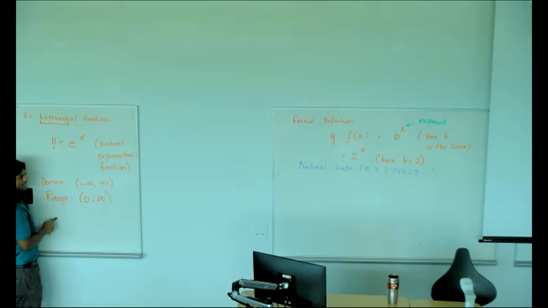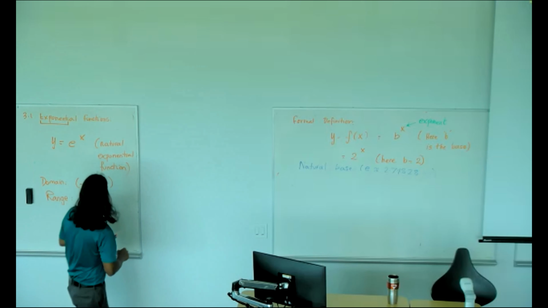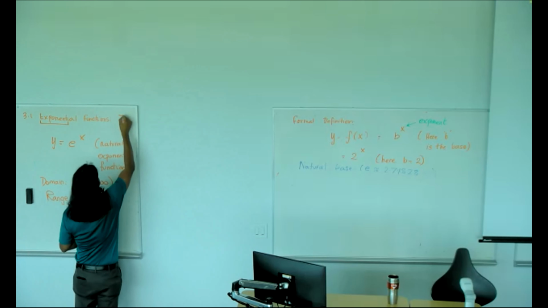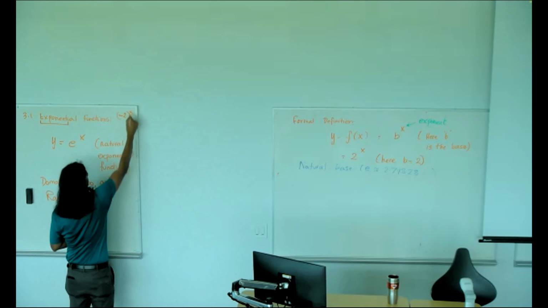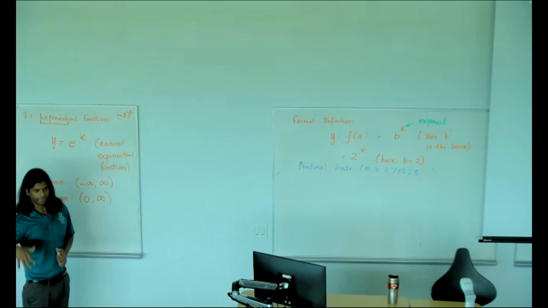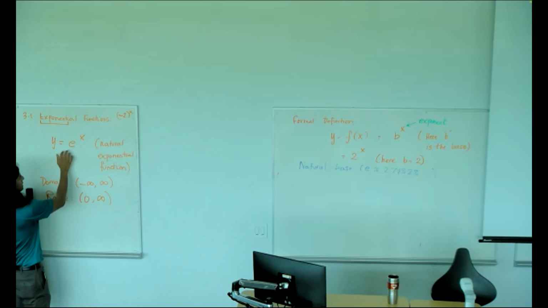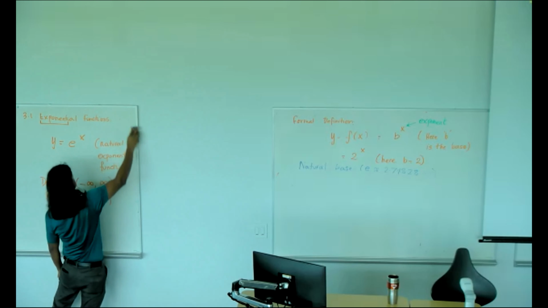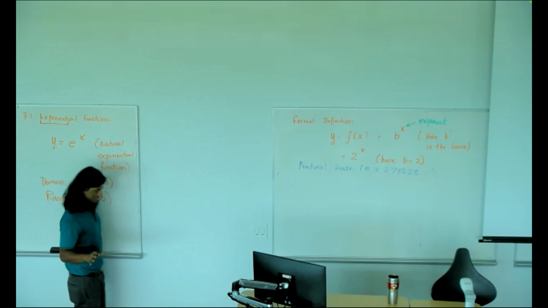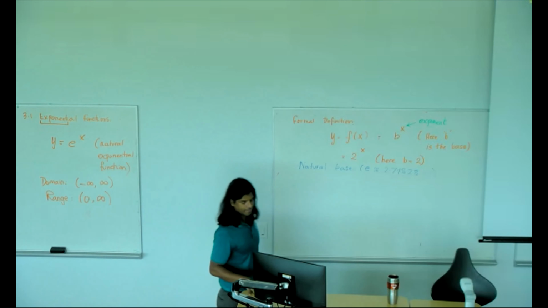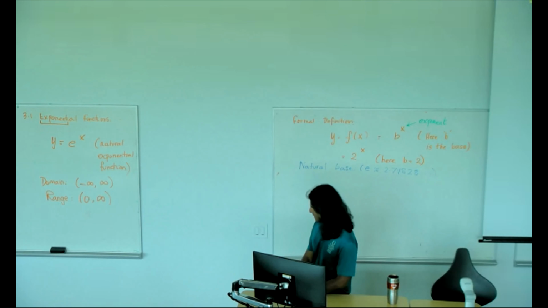I'm not assuming anything. If I put, for instance, -2 raised to x, things get shaky, because you will get a negative number. So in this case, when I use e raised to x, the range is always positive numbers.